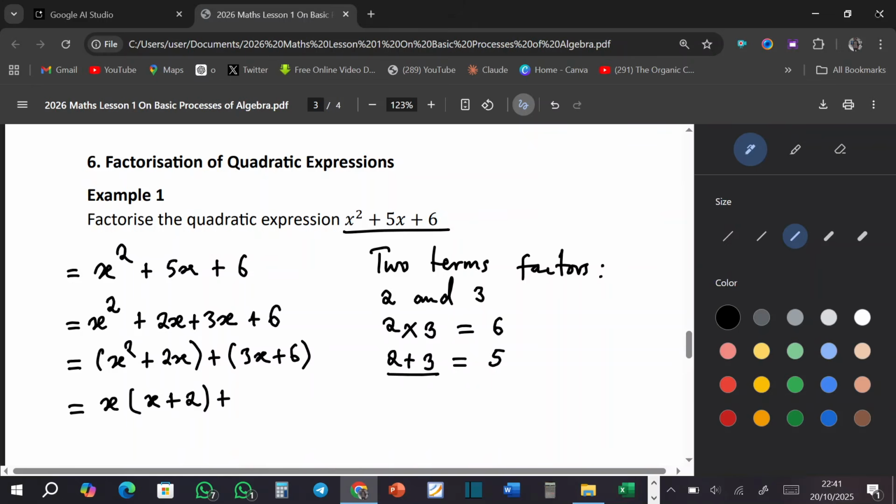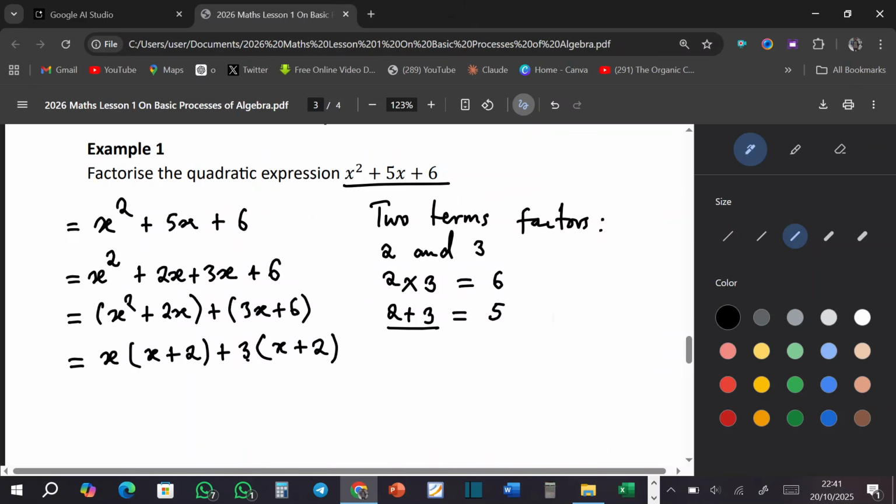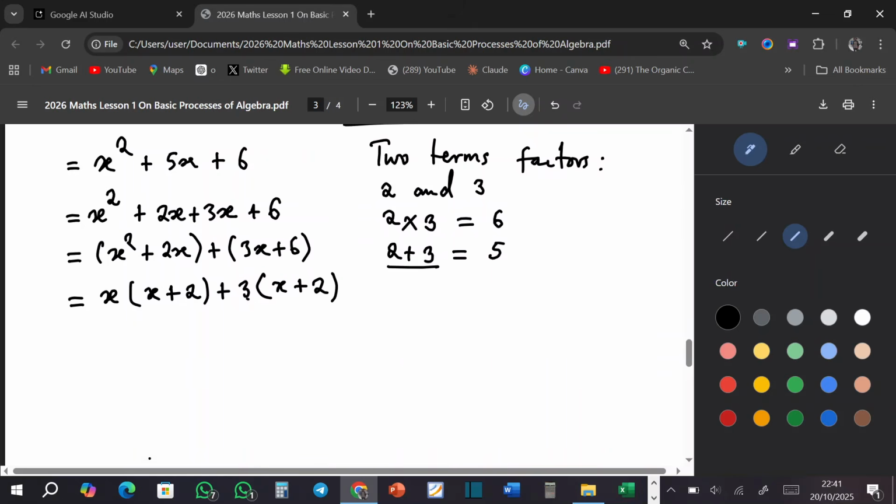Then I'll come to this plus. Then here what is common is actually 3. 3 can go in itself and 6. So here 3 is out, open brackets, here I'll remain with x, plus here where there's 6, I remain with 2. So that 3 times 2, I'll get a 6 there. Then what do I do? I now check that from this term, this is common and this is common.